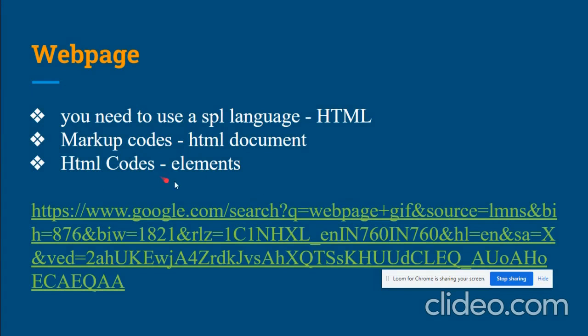HTML codes contain elements. We'll see what are elements, what are attributes and everything. Markup codes or HTML codes or HTML document, they are also called elements. So to create, we'll see about this.